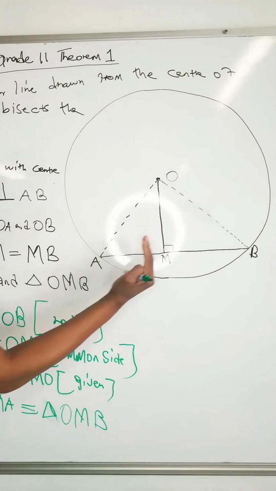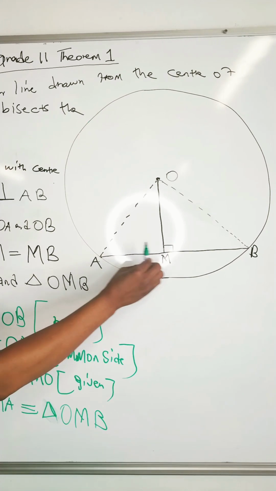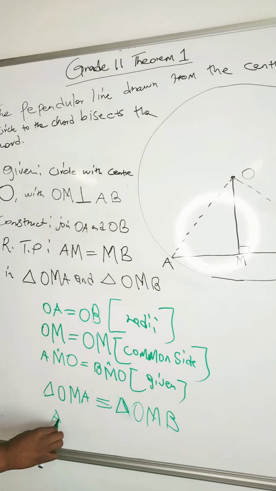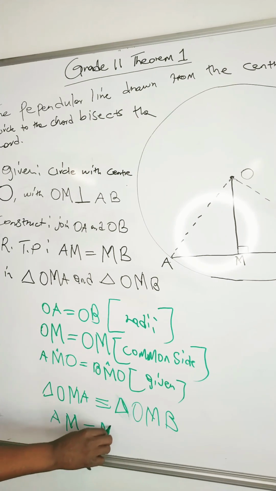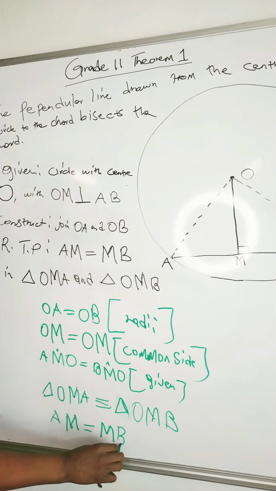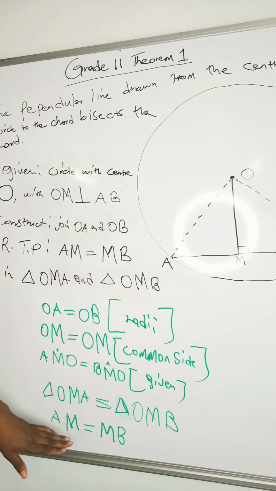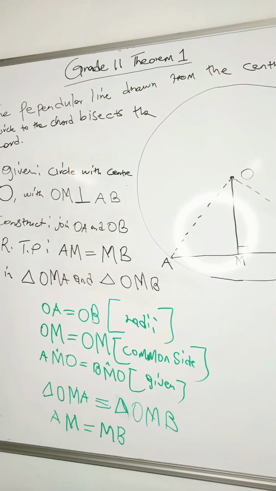Because we were comparing these two triangles, it means this side as well equals that side, which is what? AM is equal to BM. And this is what we were proving. So if you come up here, it means we have already concluded your job.